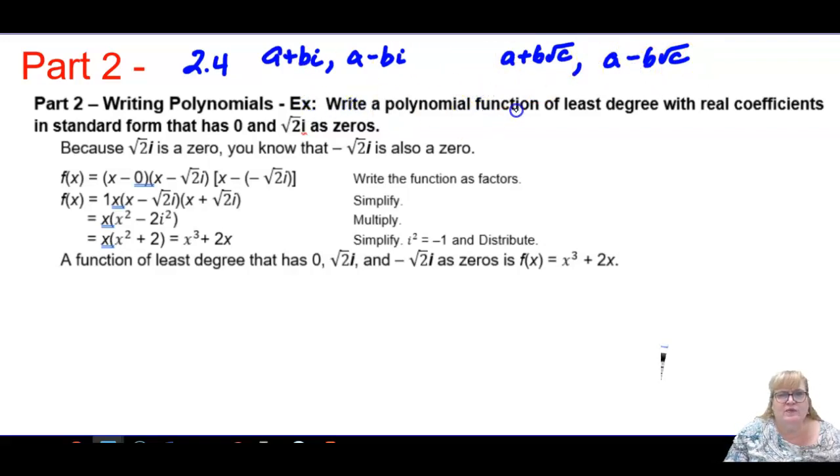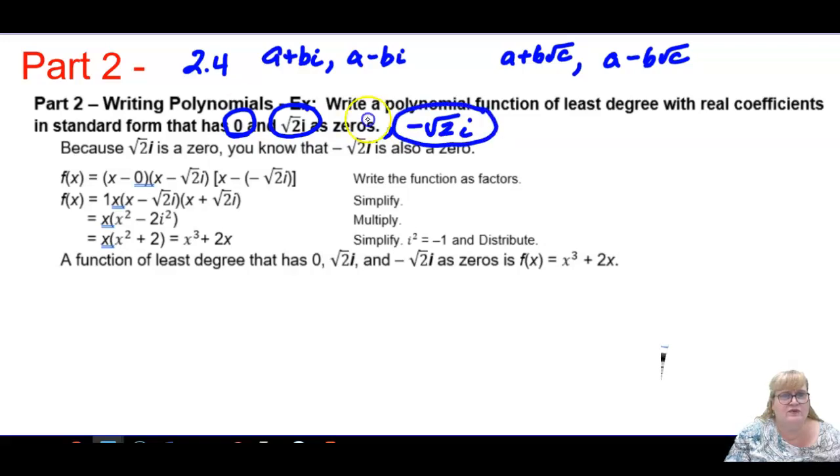So it says write a polynomial function of least degree with real coefficients in standard form that has a 0 at 0 and a 0 at square root of 2 times i. What we need to realize is that if square root of 2i is a 0, negative square root of 2i is also a 0.